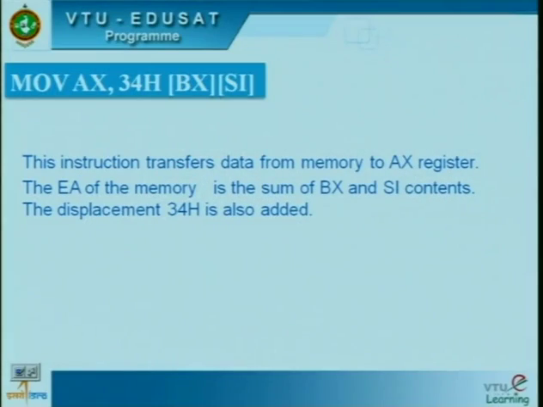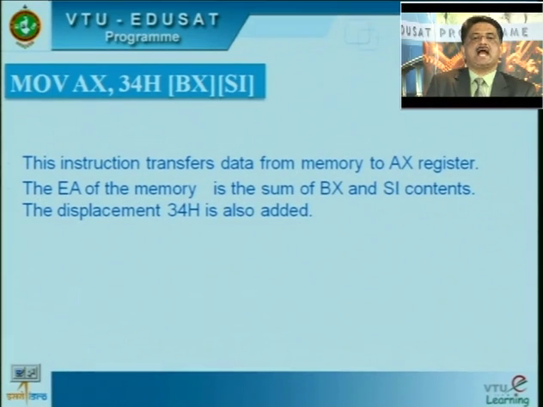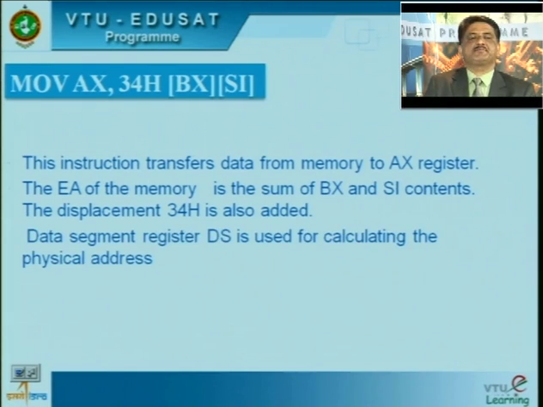Let us try to understand how it works. This instruction transfers the data from memory to the AX register. The effective address of the memory is the sum of BX and SI contents, and then the displacement 34H is also added. It means that you have 3 components in calculating the effective address or the offset.